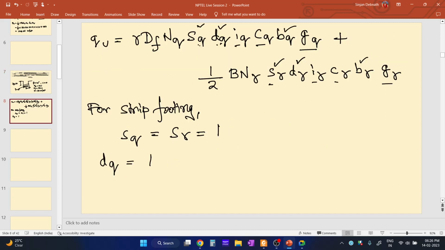So for Vesic's theory, dq is equal to 1 plus 2 tan phi into (1 minus sin phi) square into K. You can find this in any textbook, and you can also find this in the lecture of advanced foundation engineering. So now this value of K, okay, what is K?